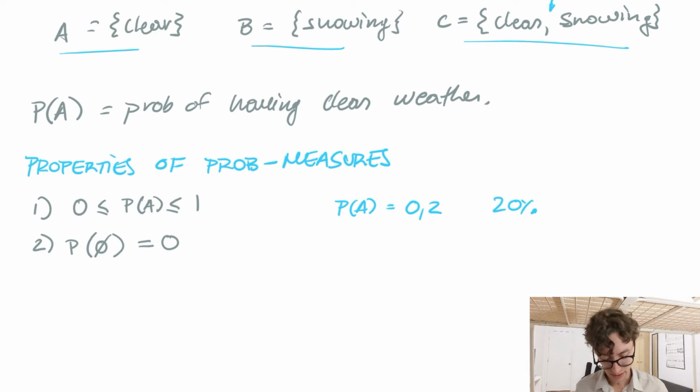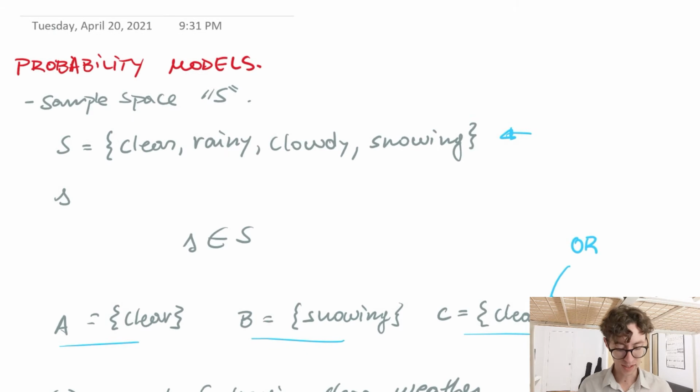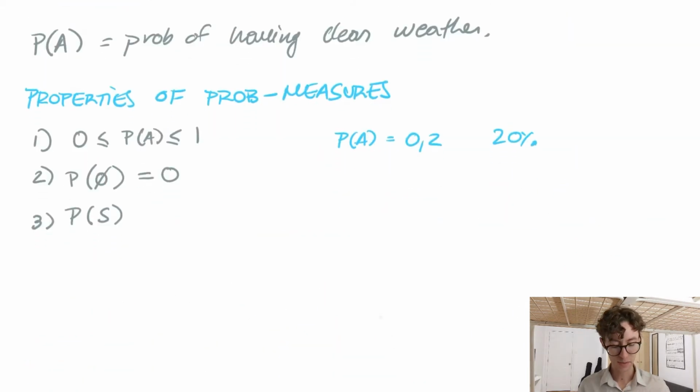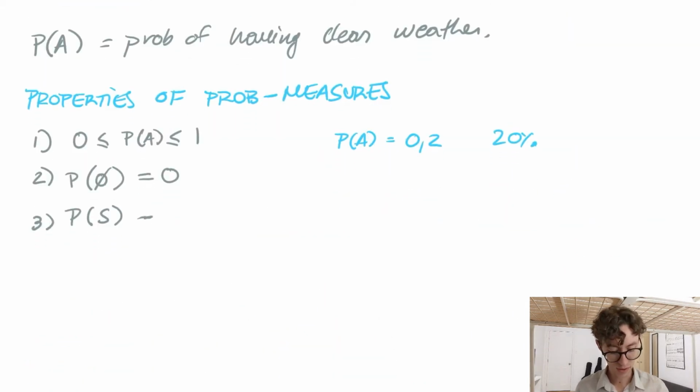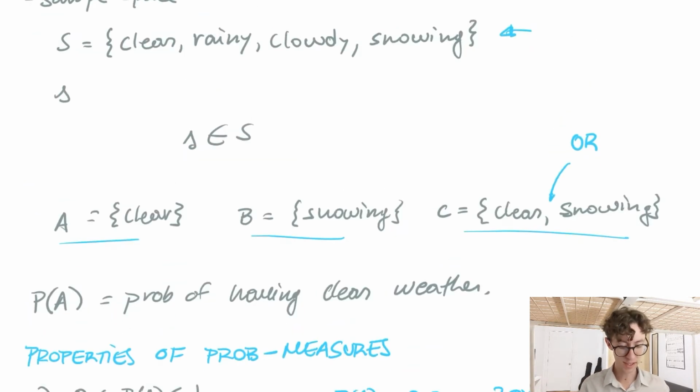Okay, then the next property is that the probability of something happening, or anything within our sample space, is equal to 1. Now remember, S here, the uppercase S, is our whole sample space.